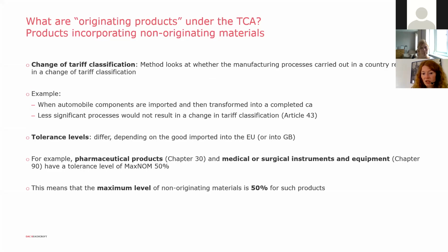Importantly, however, and really worth reading through in detail, is what is insufficient production. That is set out in Article 43 of the general part of the TCA, and it makes it very clear.